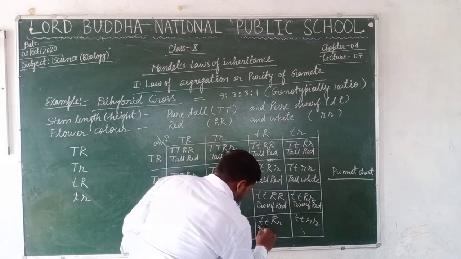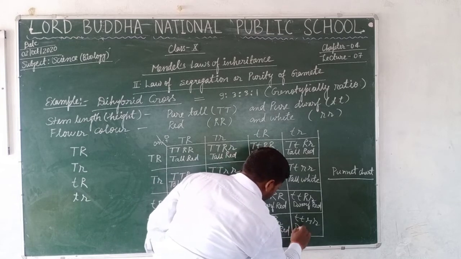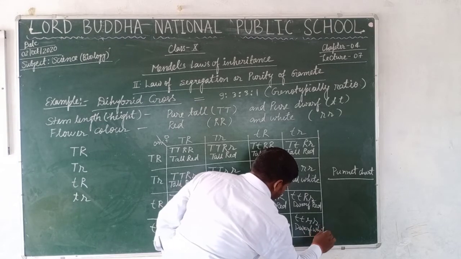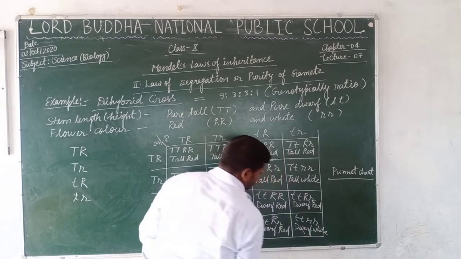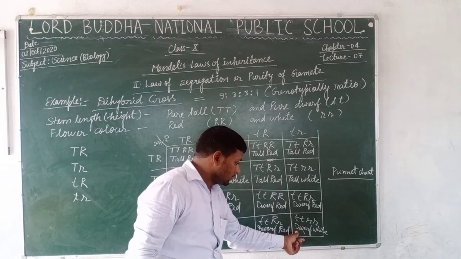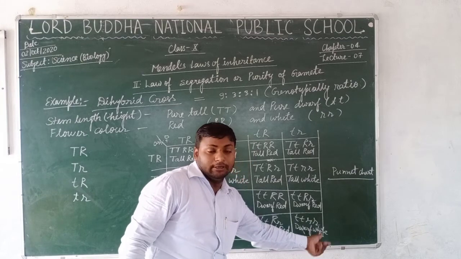This will be dwarf red, and this is also dwarf white. This is the single individual obtained having the characteristics of the recessive one, dwarf and white.